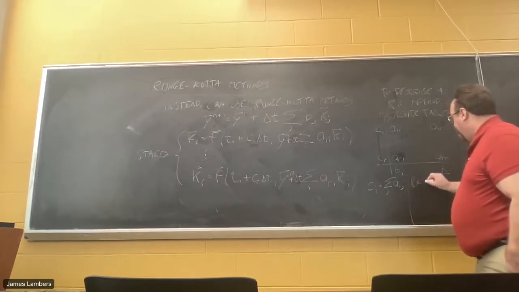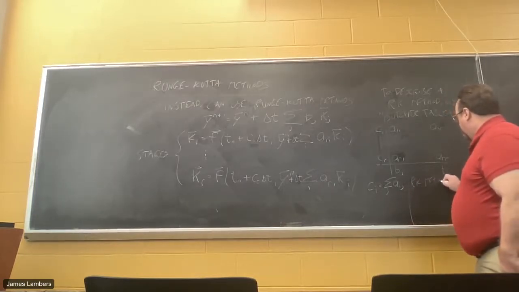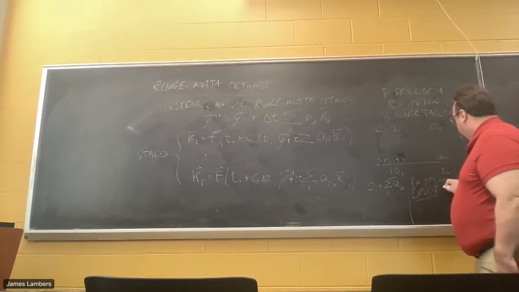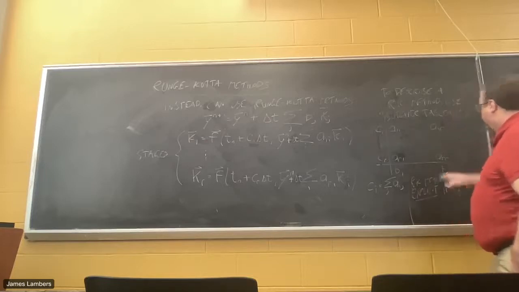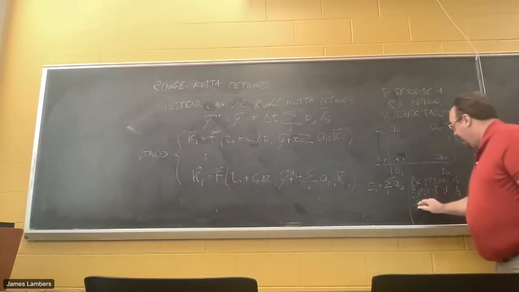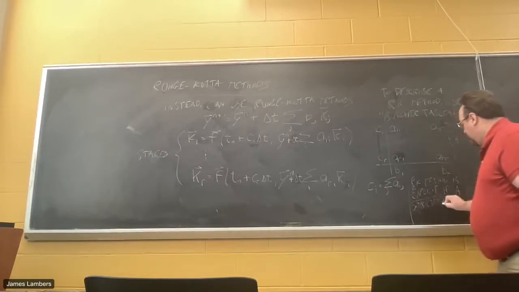Now, I should mention that the Runge-Kutta method is explicit if the matrix A that has all of these coefficients in it is strictly lower triangular.